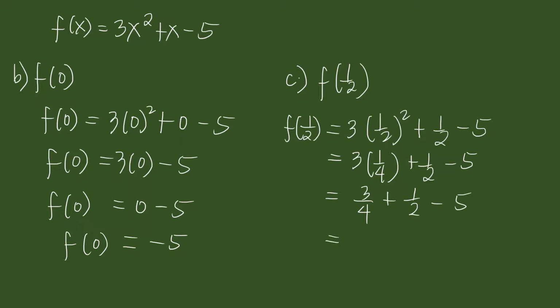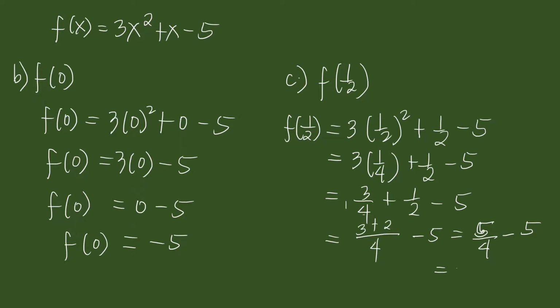So adding this, let us do this in detail. That will be 3/4 plus 1/2. The least common denominator is 4. So 4 divided by 4 is 1, times 3, of course, 3, plus 4 divided by 2 is 2, times 1, we will have 2, minus 5. So that is eventually equal to 5 over 4 minus 5.